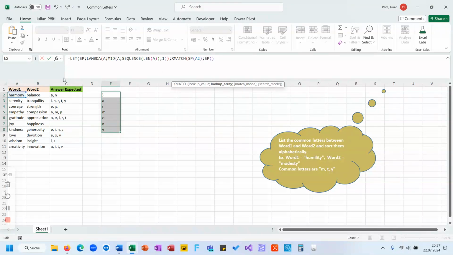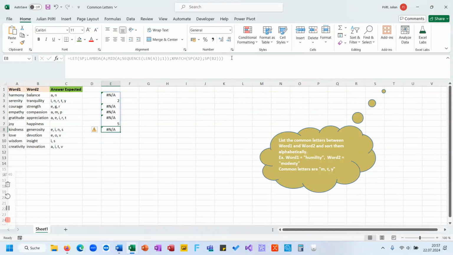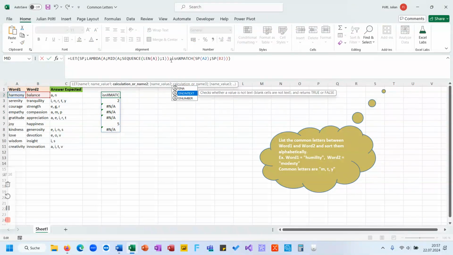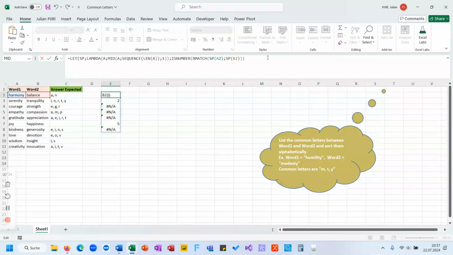We'll take this later into different. Yeah, and here you can see where the number is. There is a letter that both words share.